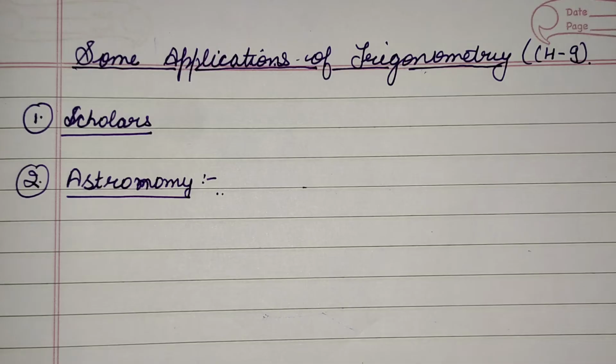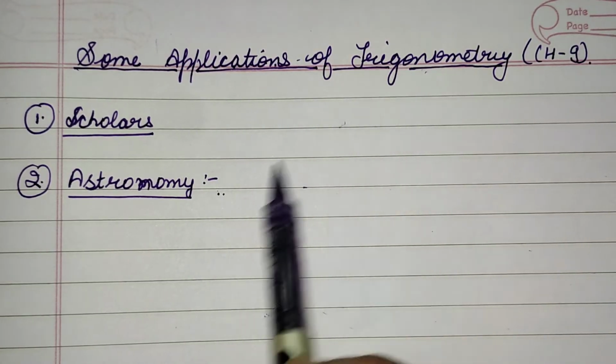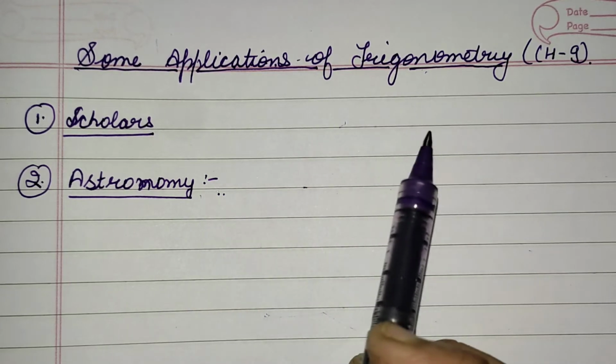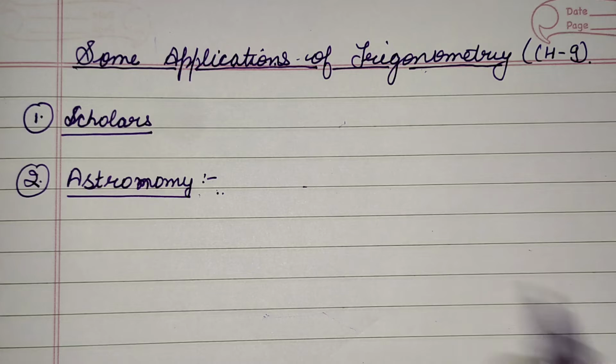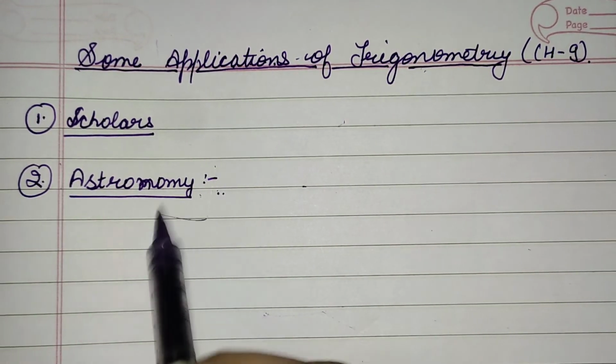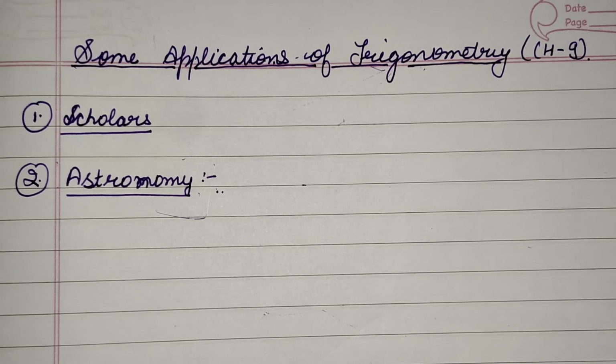Even now scientists use trigonometry to use satellites properly, to put them in the proper orbit, and to take pictures of mountains or our weather. So this much is about the applications of trigonometry.